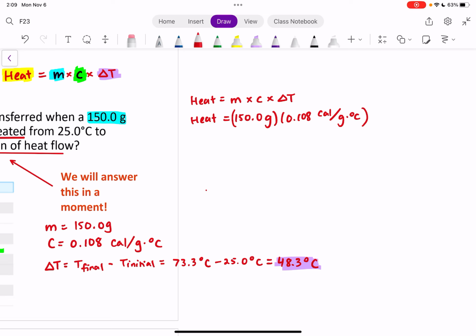I know those units are crazy, you guys. And our delta T is 48.3 degrees Celsius, which is what we just found. Now it's a matter of multiplying all these numbers together, and then I'll show you how those units cancel. It's pretty nifty. Heat equals 150.0 times 0.108 times 48.3, and that's going to give us 78.246.